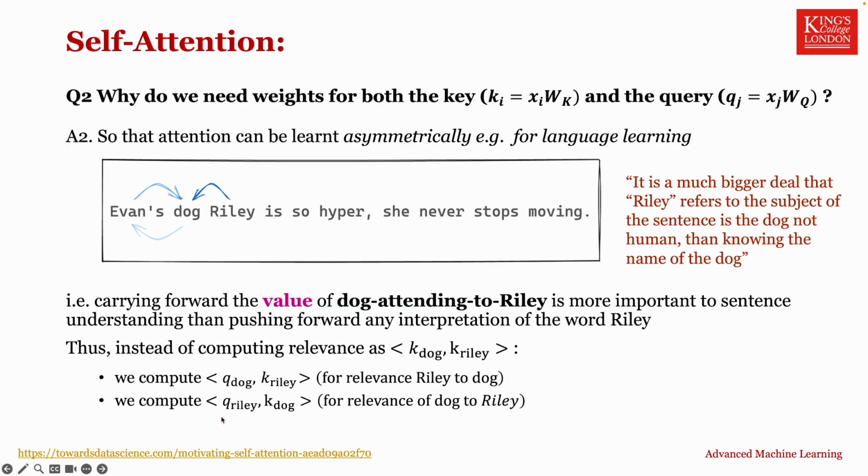They state that the importance of words and the meaning of others is directional. For example, given the sentence, Evan's dog Riley is so hyper, she never stops moving, it's much more vital to know that the subject of the sentence is a dog than actually knowing the name of the dog. Thus, carrying forward the value of dog attending to Riley is much more important to sentence understanding than pushing forward knowledge of the name of the dog.